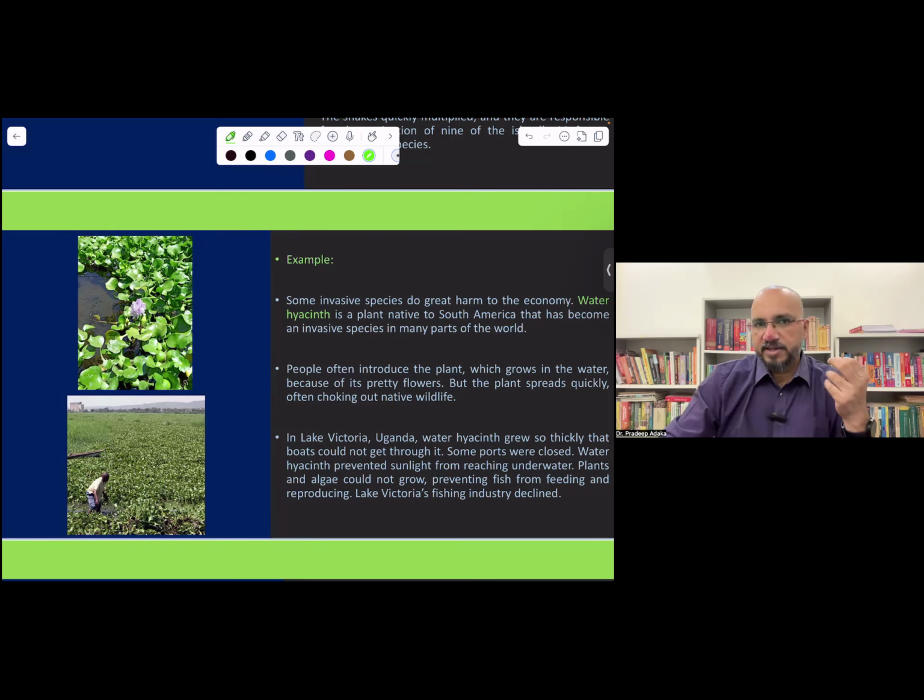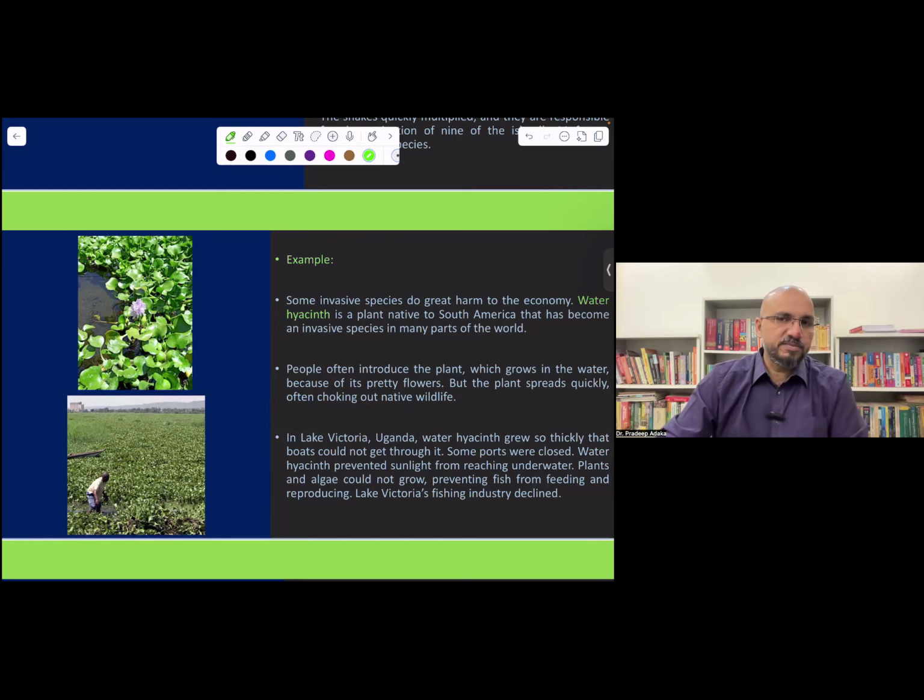It multiplied very fast. It interfered with the navigation. It interfered with the ecosystem. So it destroyed the pond ecosystems because it was interfering with the entry of sunlight into the water. Many plants or algae which were inside the water were dependent upon this light penetration. Now, because they are on the surface of the water, they are intercepting the light.